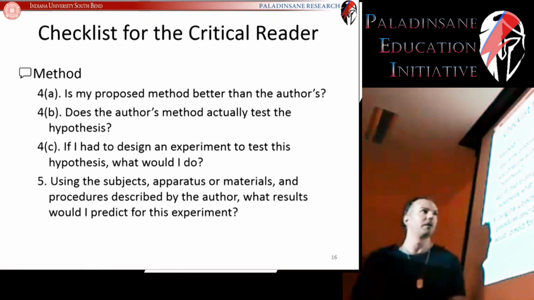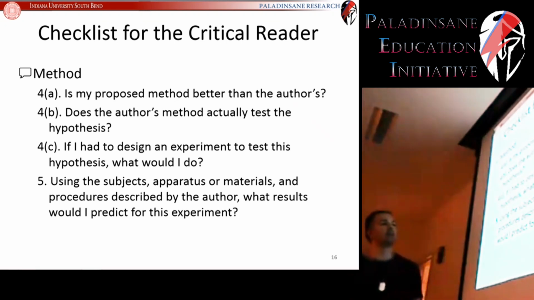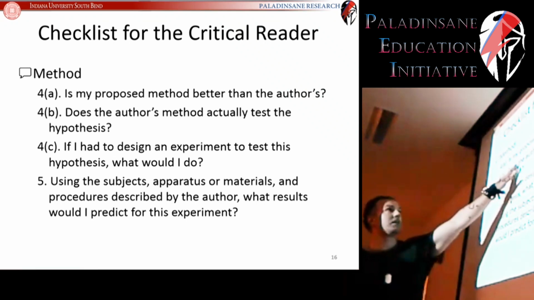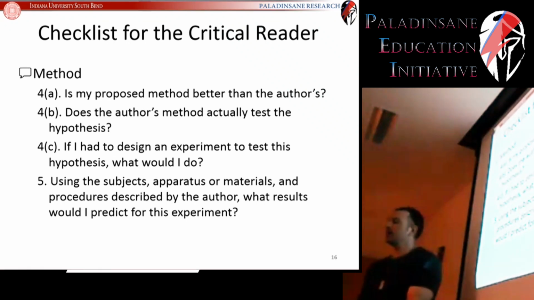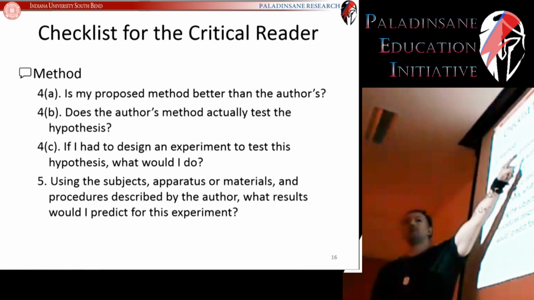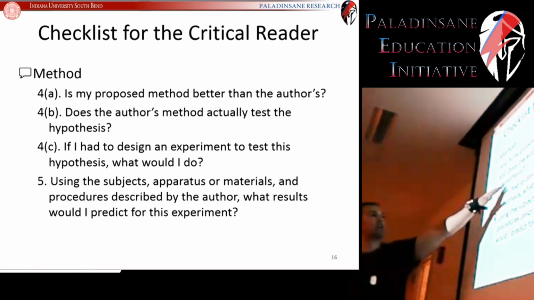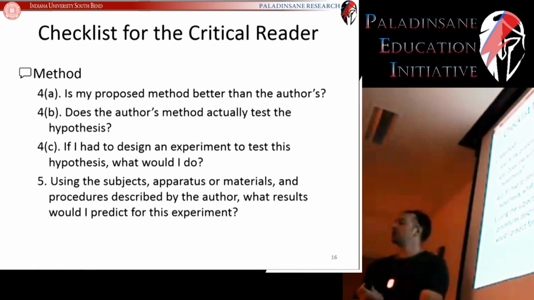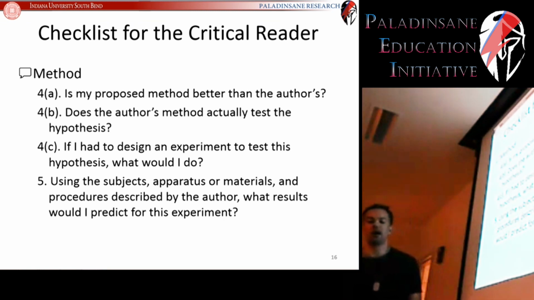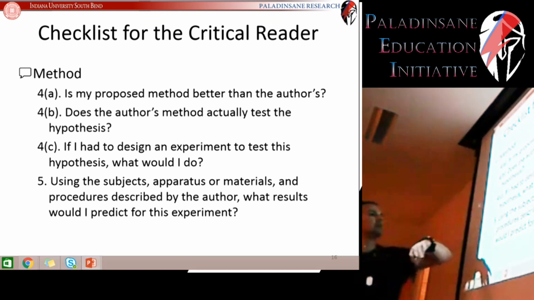You said you were going to test memory. You'd be surprised how often that actually happens. So ask yourself, if the method they used differs from mine, does it actually test the hypothesis? It might not, in which case, not such a good experiment. But again, that's that critical thinking process.